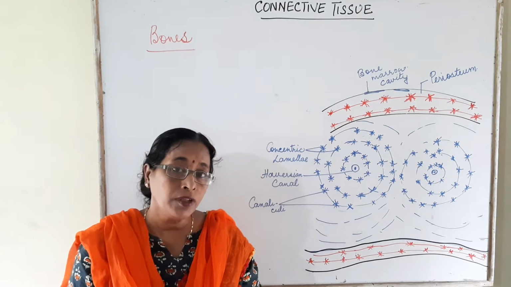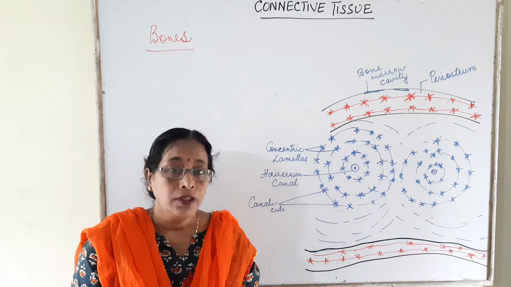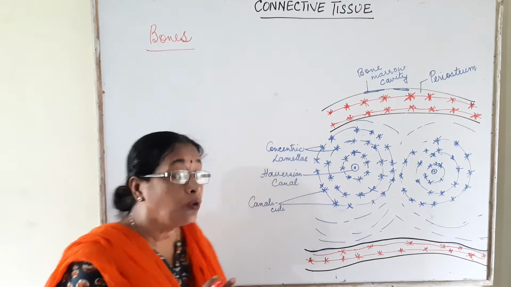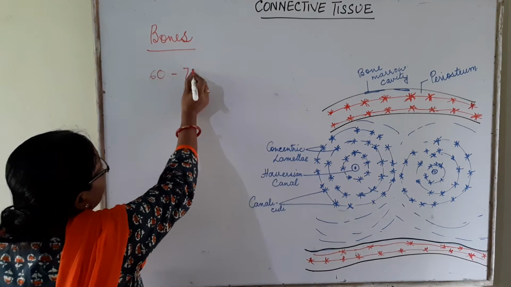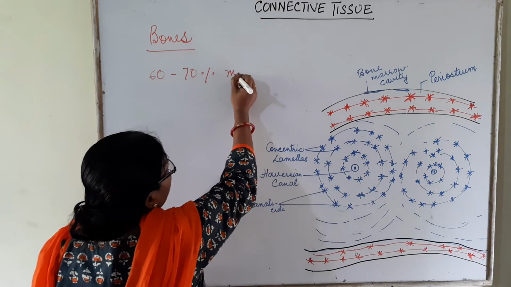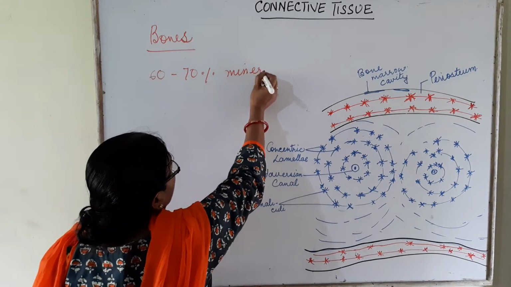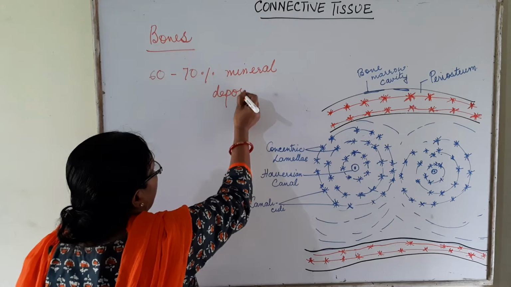The matrix of the bone, which is quite solid and tough, is made up of nearly 60 to 70% mineral deposition.